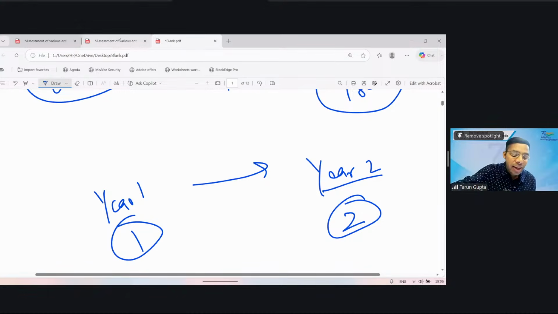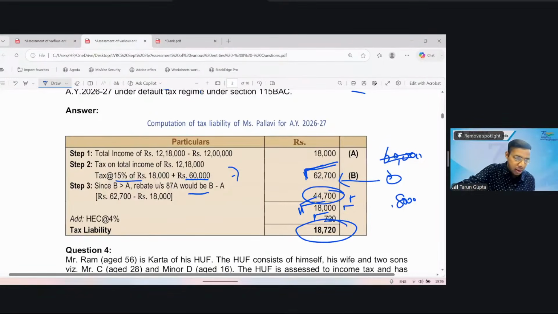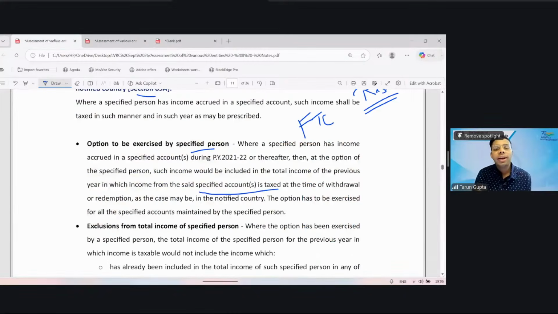So to give relief in this case, section 89A was inserted, in which these individuals can opt in India that such income shall be taxable at the time of withdrawal only, as being taxed in the country where they were working, US, UK, or Canada, as the case may be.